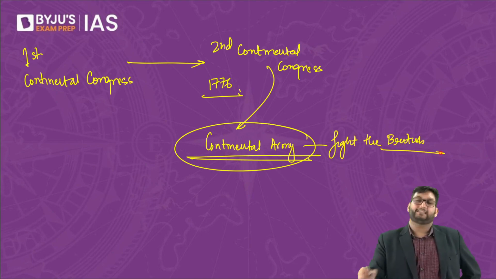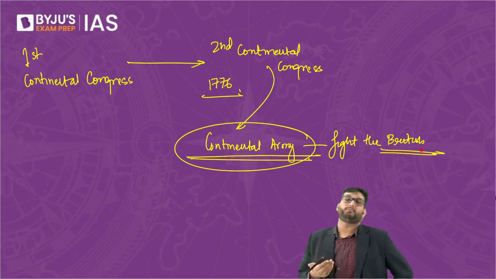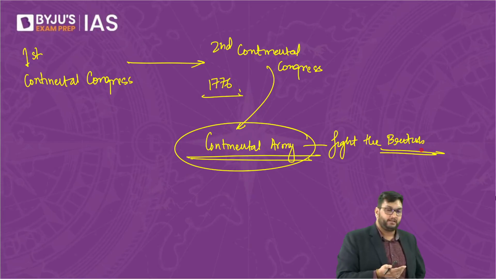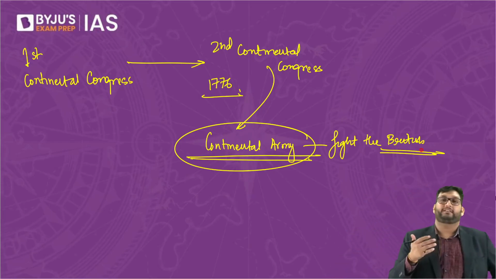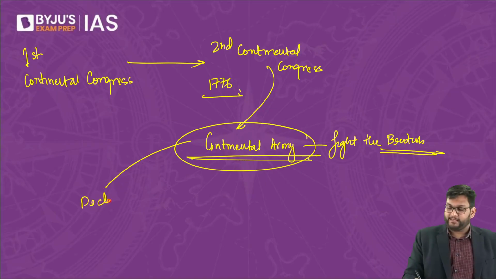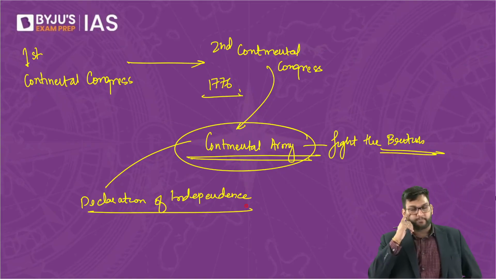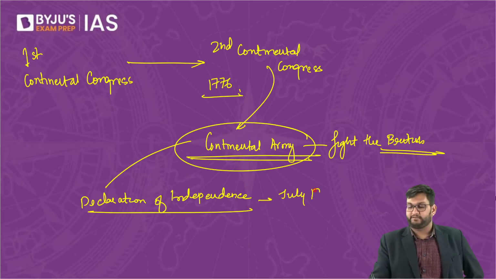And two other very interesting personalities, Thomas Jefferson and Benjamin Franklin, will now start to work on writing a declaration, and that is called the Declaration of Independence. The Declaration of Independence is then adopted by all the colonies in July of 1776.